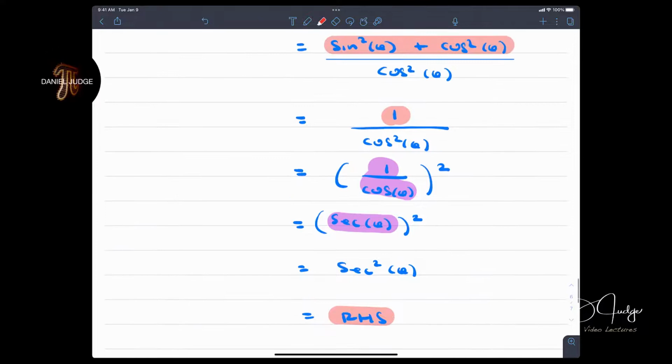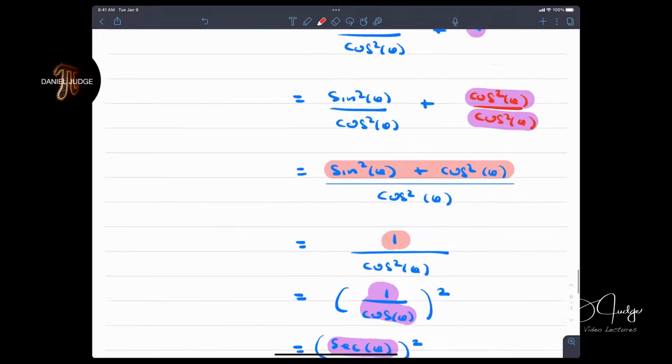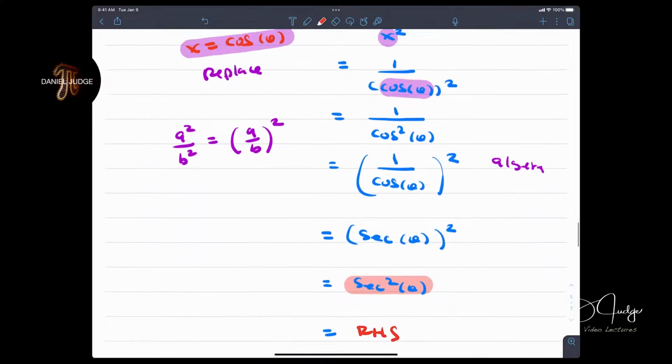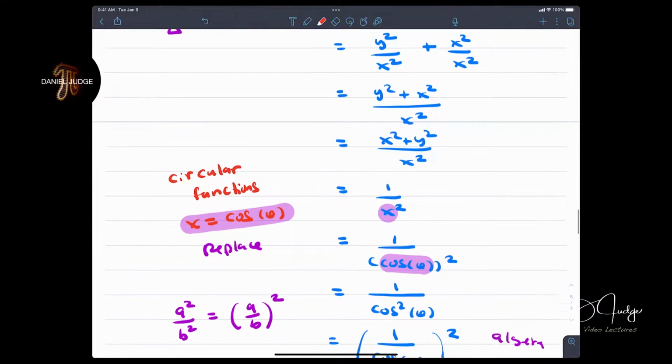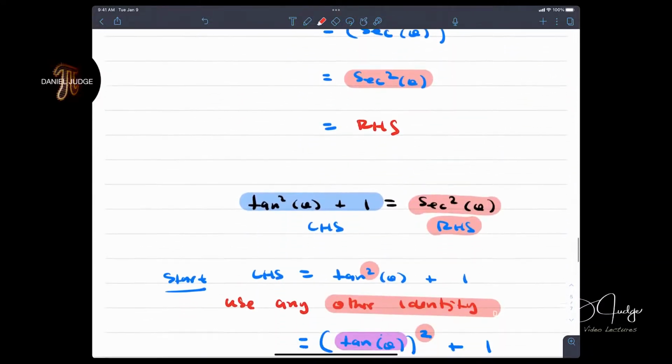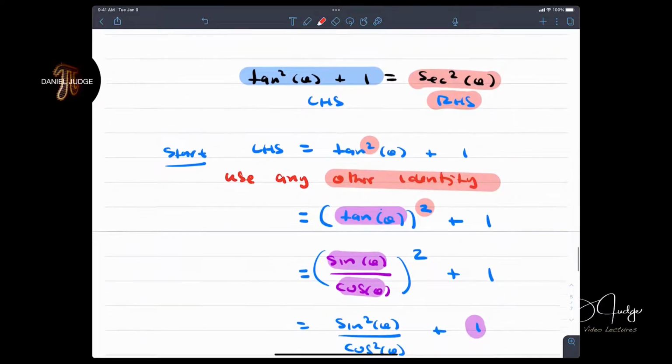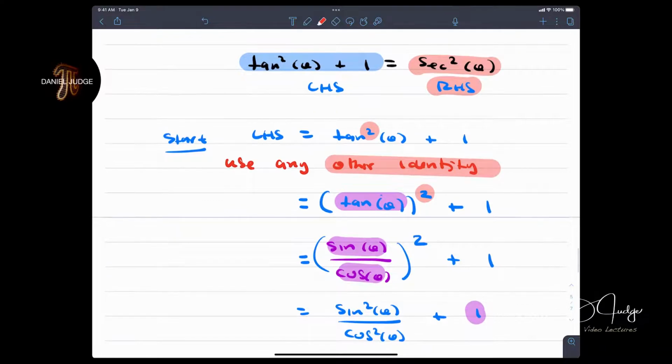One is using the circular function definition. The other way is using the identity information, and this is what this topic is about. So I have to start from first principles, definitions, to show you where some of these come from. But these are building a whole base of identities that you want to know.